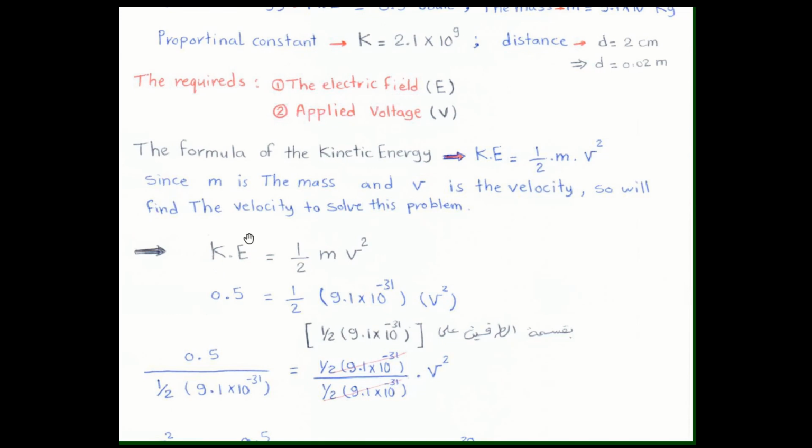Ke, the kinetic energy, is given in the question as 0.5 joule, and this is 1 divided by 2, and the mass is given in the question as 9.1 into 10 to the power minus 31. All of this is multiplied by velocity square.